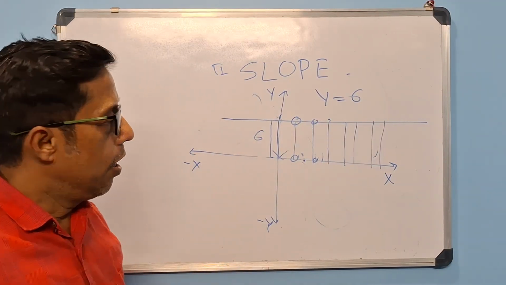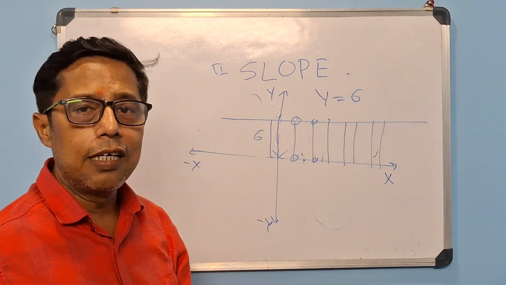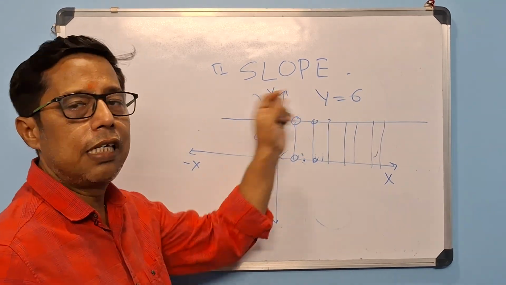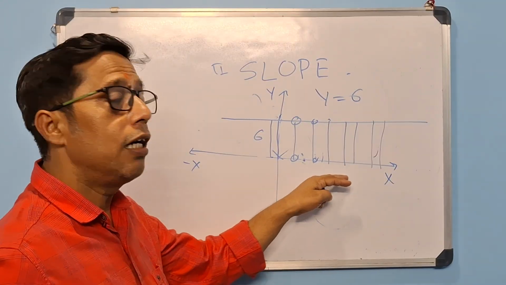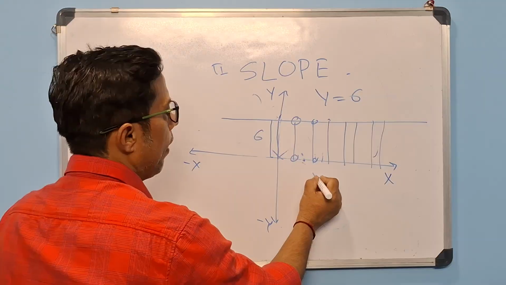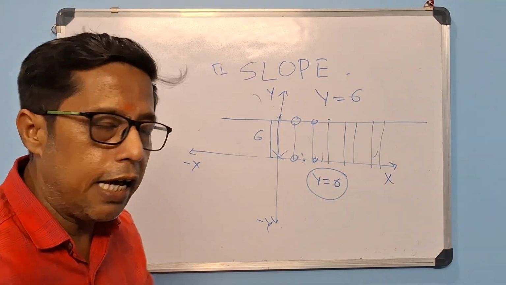Y-intercept means where a straight line touches the y-axis. There the x value will be 0 and the y value is 6, and the line is parallel to the x-axis. You have 4 options. The answer will be y equals 6. That is the equation of this line.